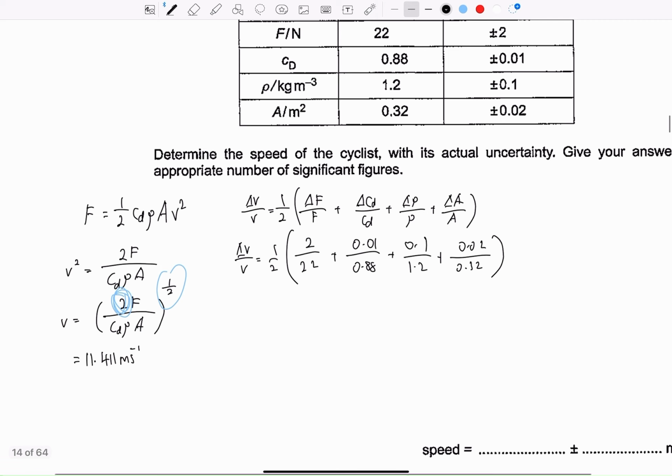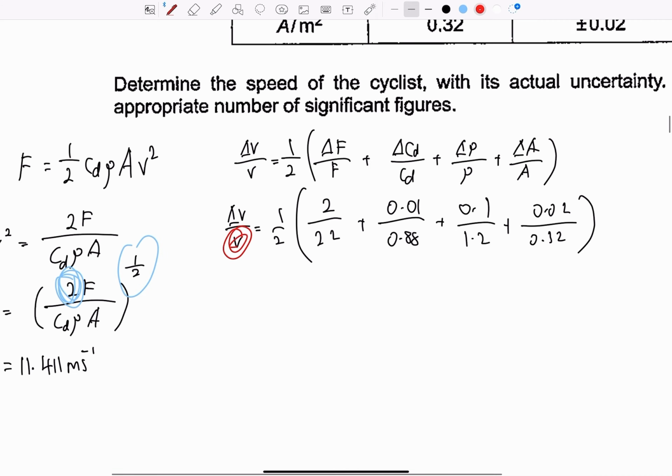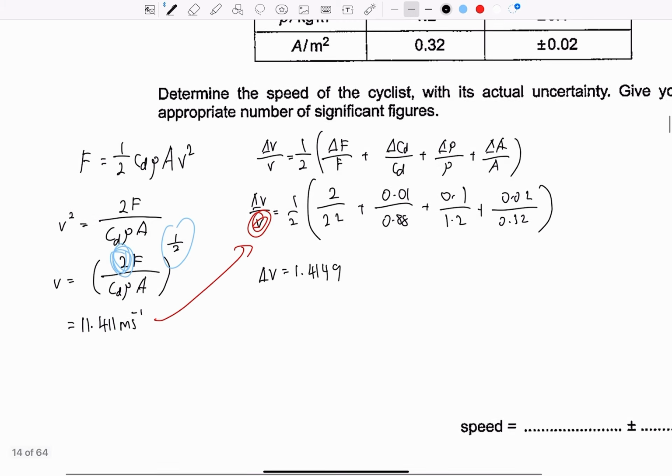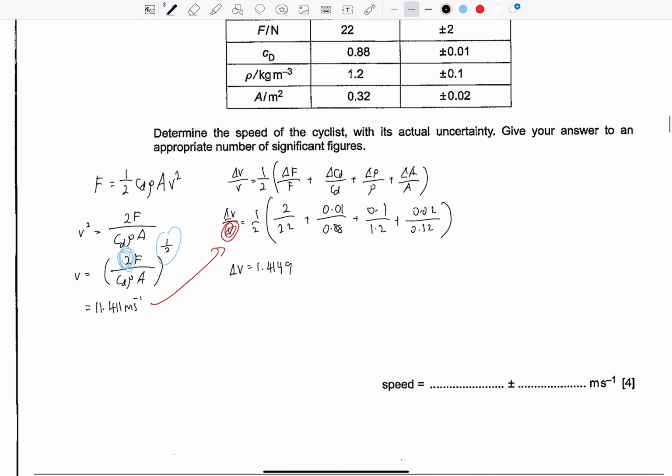And what about this V? This V here, we actually found it in the previous part, so you can plug in that also, and you can arrive at delta V to be 1.4149. Okay, so that's 3 marks already. You got your 3 marks.